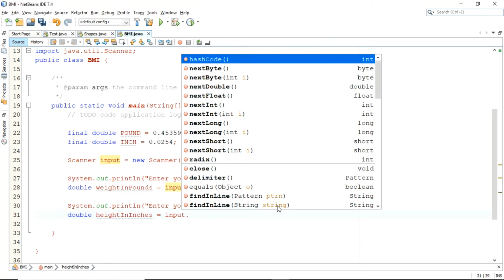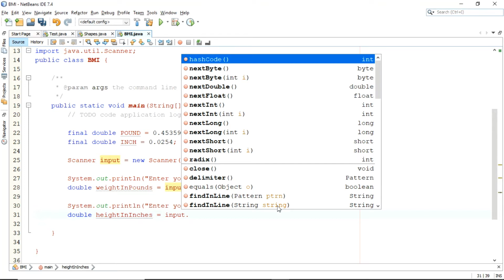So we have scanned the two values, the weight in pounds and the height in inches. We need to convert these two values into kilograms and also into meters.